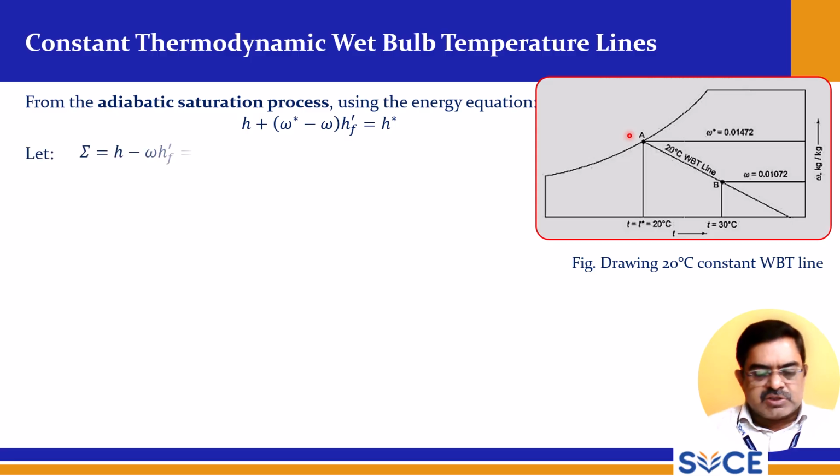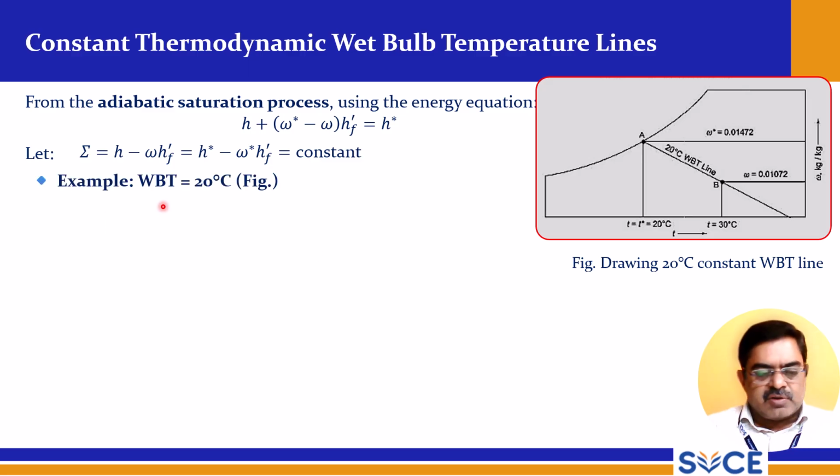So sigma equal to H minus omega HF dash, that is equal to H star minus omega star HF dash, which is constant.